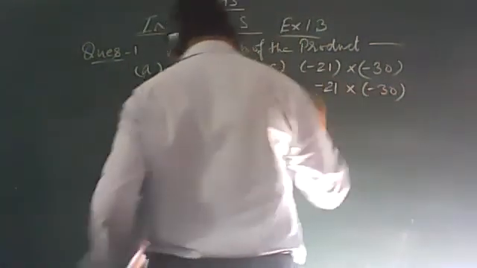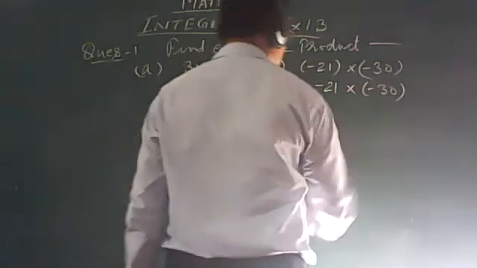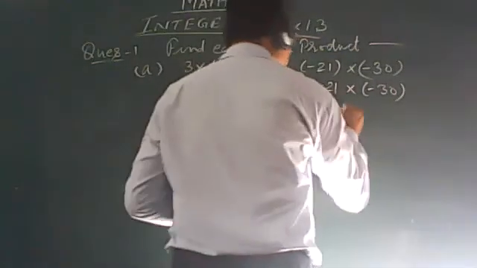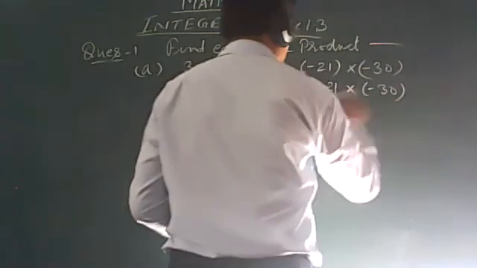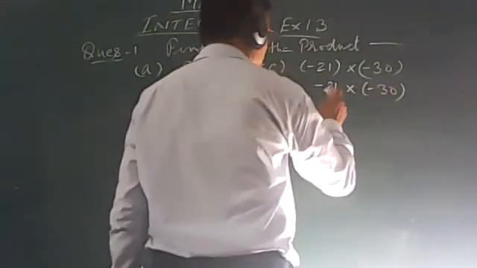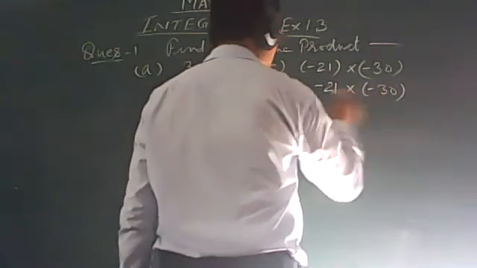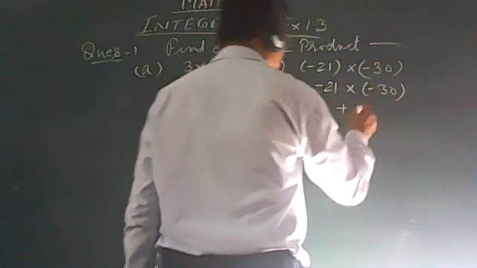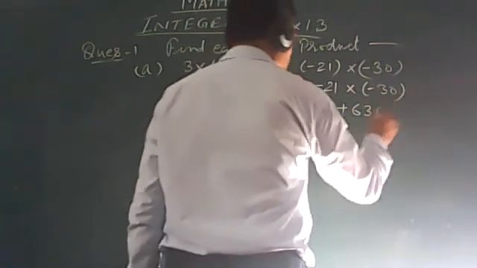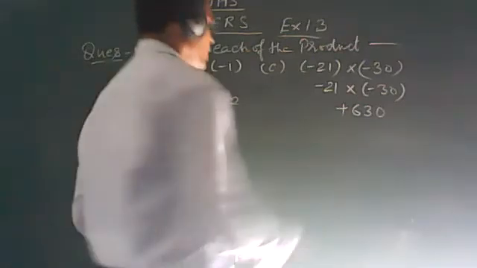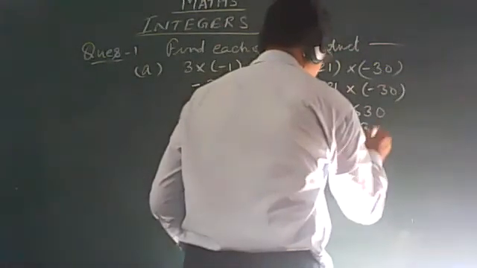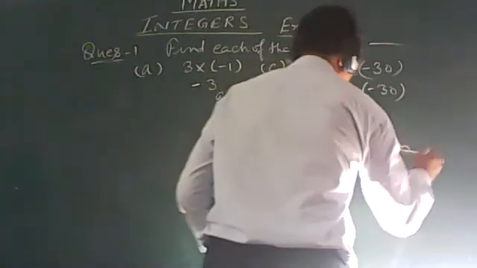First we multiply the sign: minus minus is plus. Then multiply 21 by 3: 3 ones are 3, and 3 twos are 6, and put the 0 at the end. Therefore, our answer is 630. That is our answer.